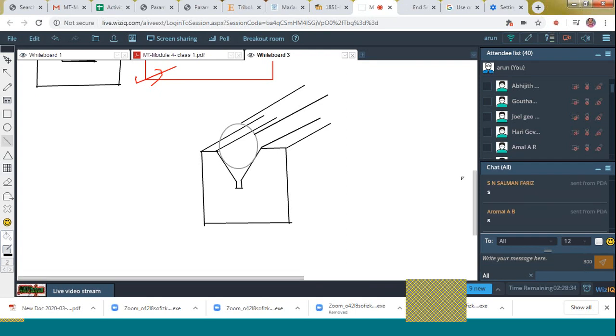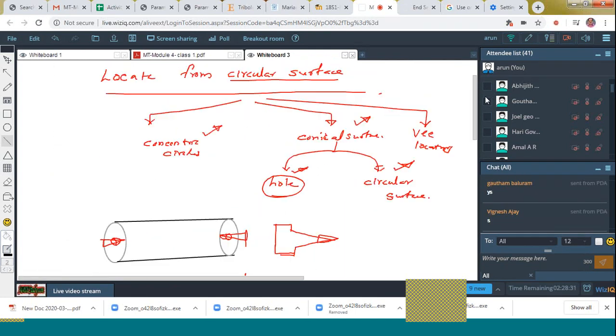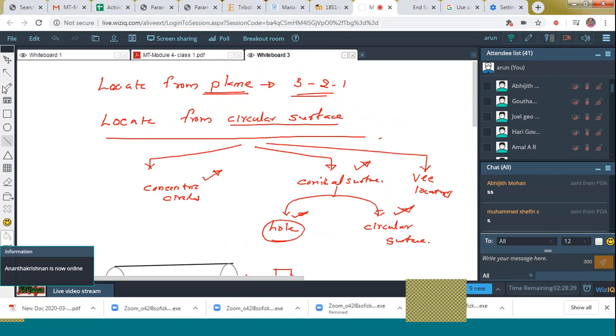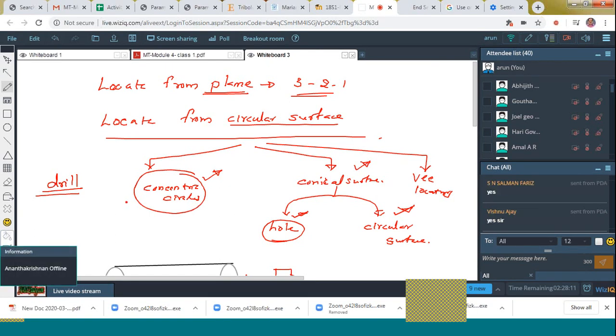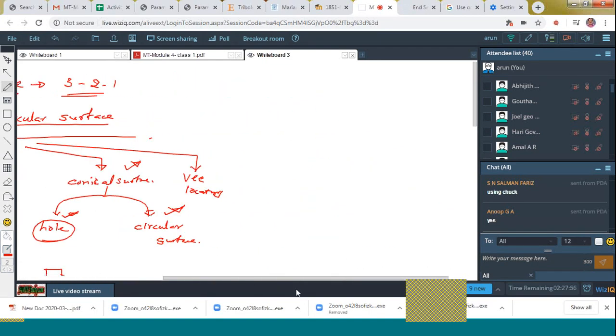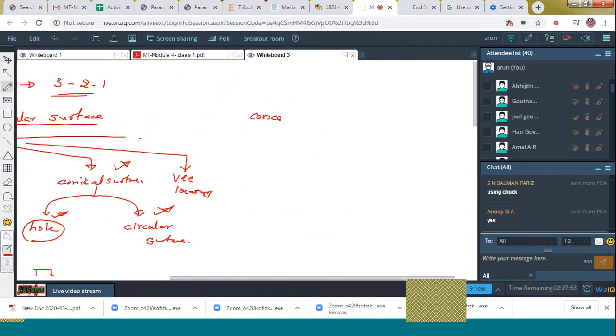Yes, fine. Now we are moving to the next one, that is by means of concentric circles. Have you seen the hand drill machine, which electricians and plumbers use? Have you noticed how the drill bit is fixed in the machine? Yes, by means of a chuck. It works on the principle of concentric circles.